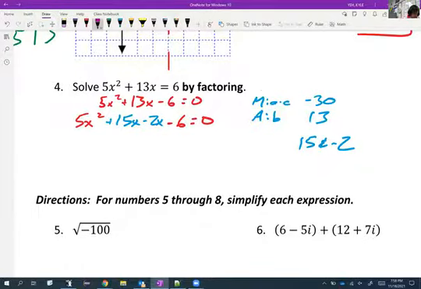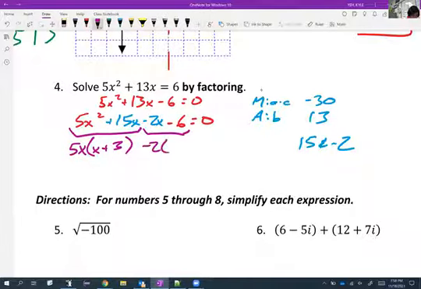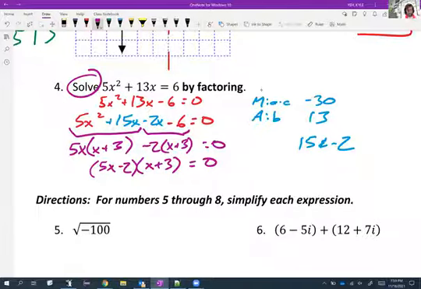And then I'll group. Pull a 5x out, x plus 3. Pull a -2 out, x plus 3. Still equals 0. So my 2 factors are 5x minus 2 and x plus 3. Now, because we're asked to solve, we need to find the actual x values that make this true.